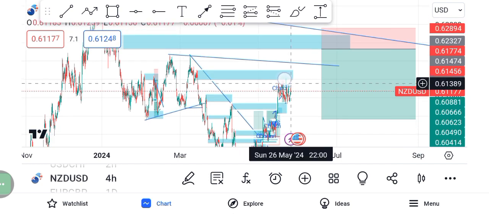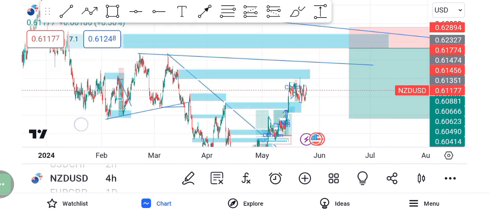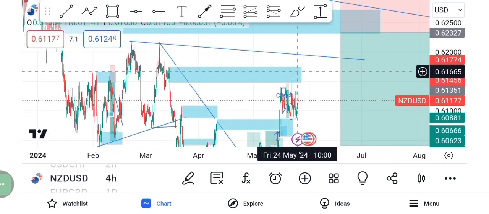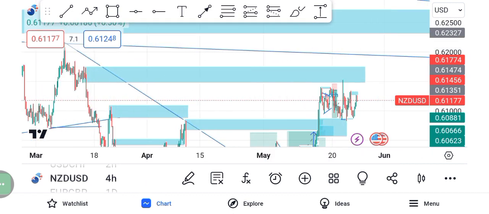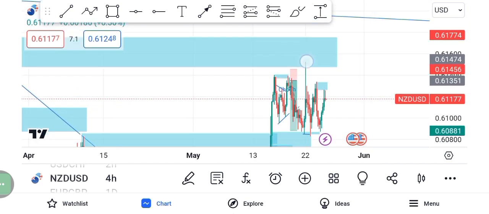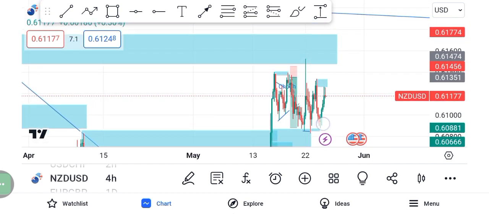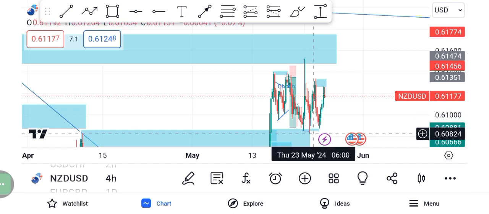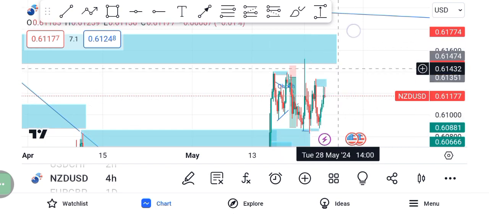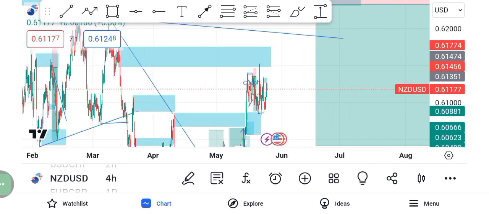So I don't want to take anything here. If this order block is going to be respected, it will just be for a few pips. Just as we see here, it got respected, comes down up to this point. Now it's doing something as if it wants to start going up again. So I'll just stay out of this market.